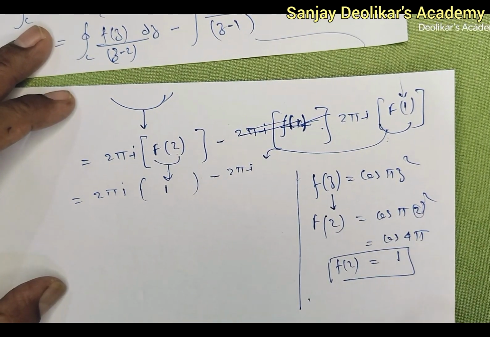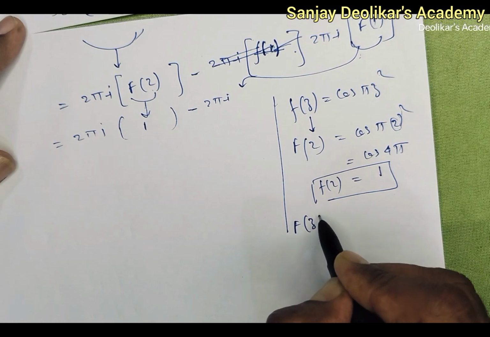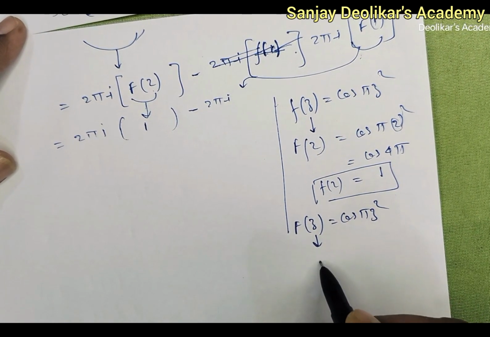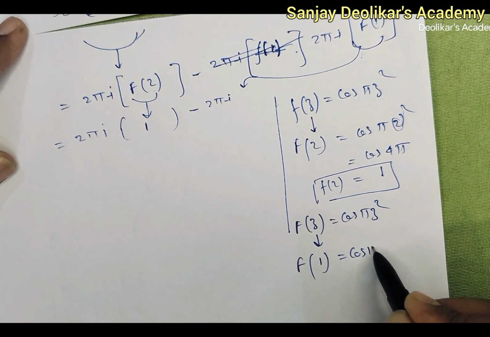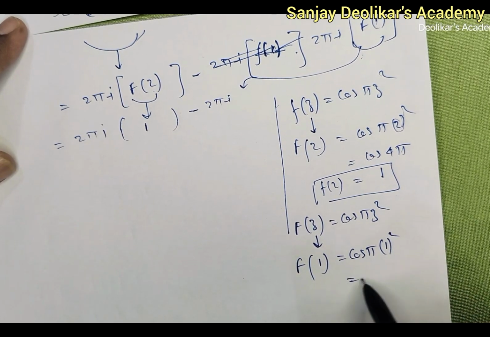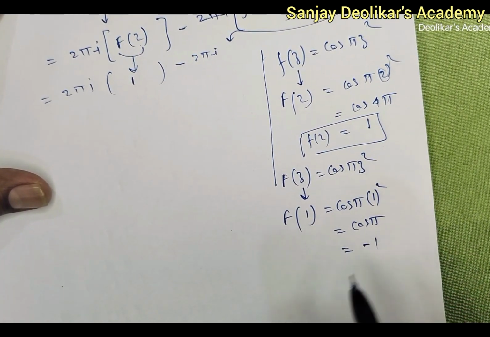Now f of z is cos pi z square. So if you find f of 1, replace z by 1, it will be cos pi, and cos pi we know is minus 1.